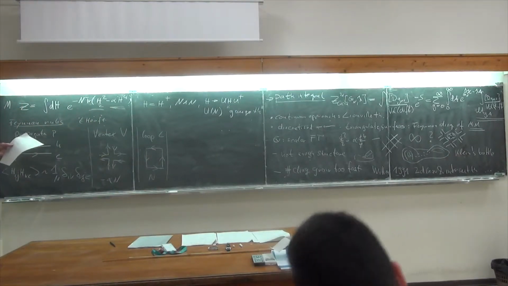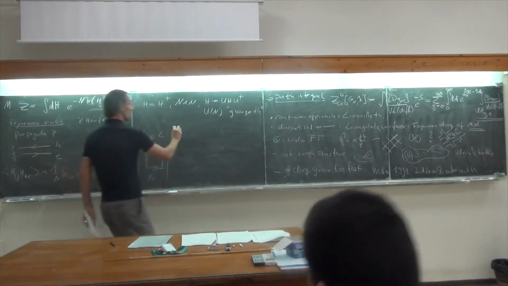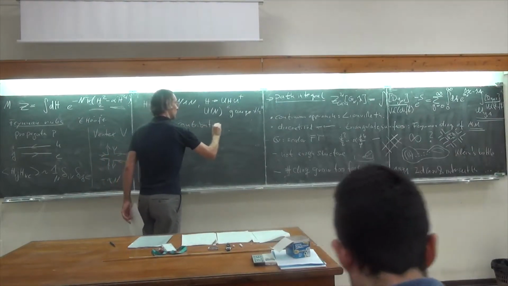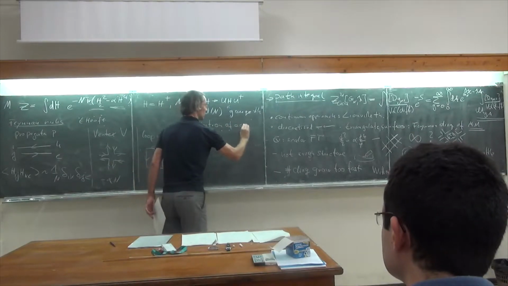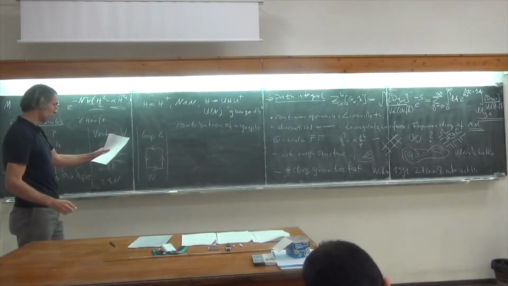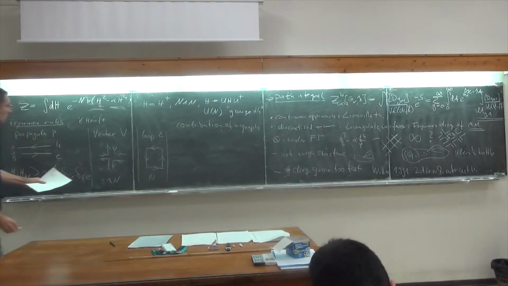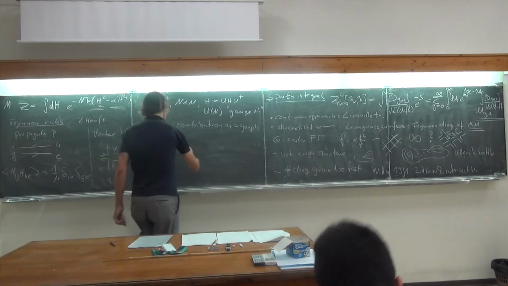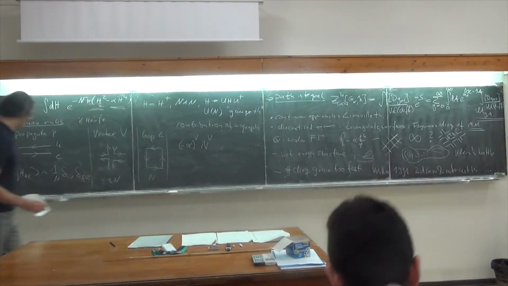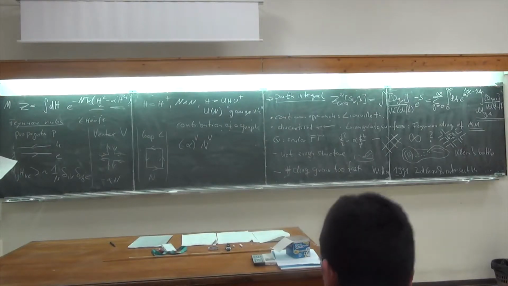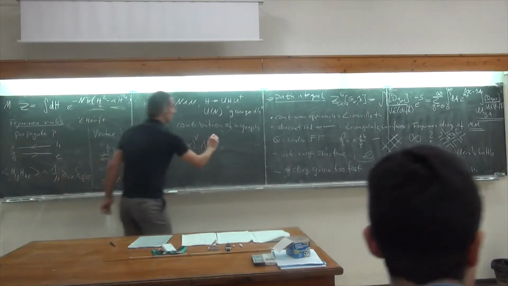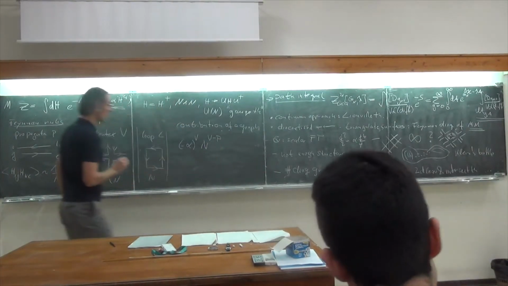So now I can write down explicitly the contribution of any graph. So the graph will have V vertices. From every vertex we get minus alpha N. Then we have P propagators, which gives a factor of 1 over N each.